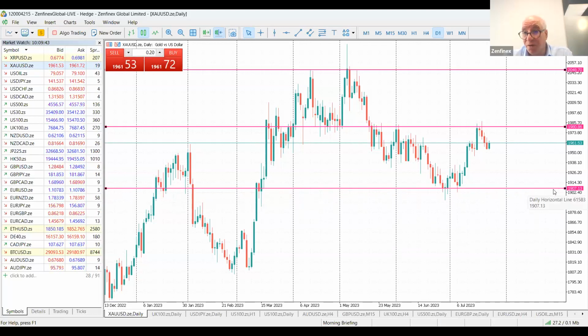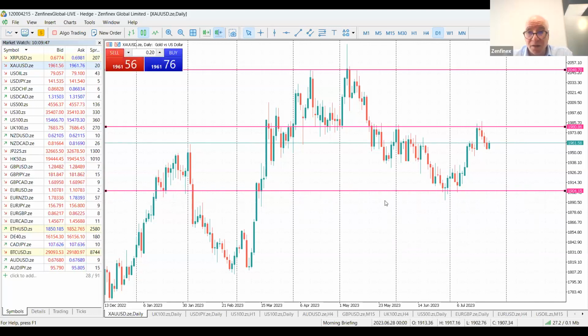So I'm going to come down a little bit. Look, the market closed above, closed above, closed above, closed above, closed above. So this could act as a nice level of support from a daily perspective. We're also going to see if there are any other levels which might be interesting for our current trade ideas.